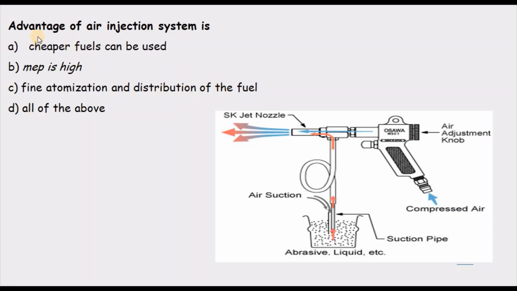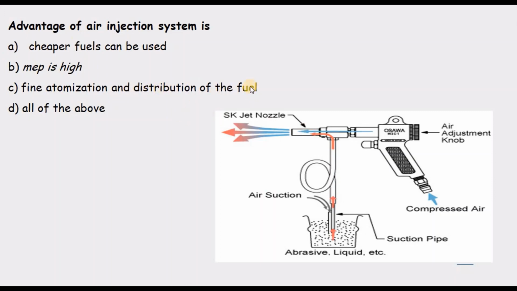So we are talking of here the specifications of such a method, that is cheaper fuel can be used. So here you can see with this particular method, any fuel, it is immaterial until we have sufficient energy in the compressed air to break this particular fuel into smaller droplets. So cheaper fuel can be used. Mean effective pressure is higher, because we are using compressed air to atomize the fuel, and when we are able to atomize the fuel properly, we are able to burn it properly, and correspondingly the mean effective pressure is going to be higher.